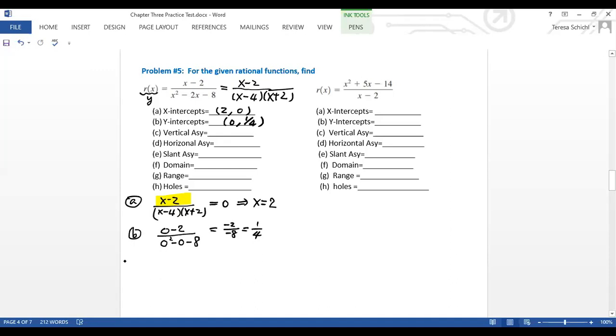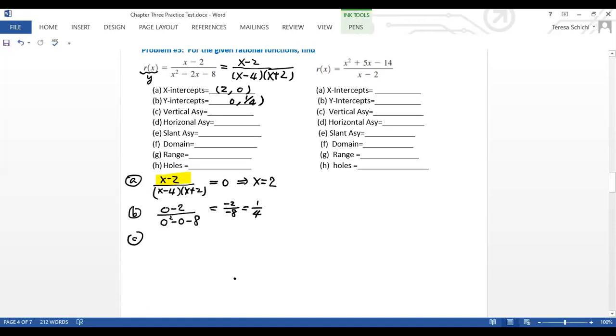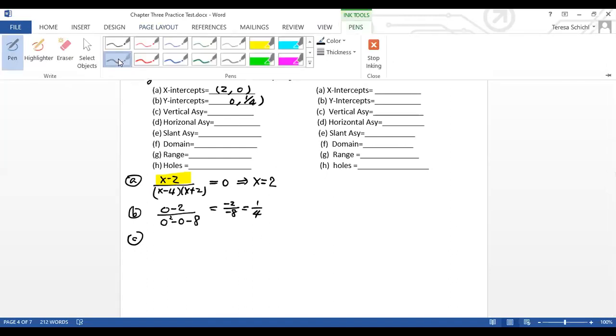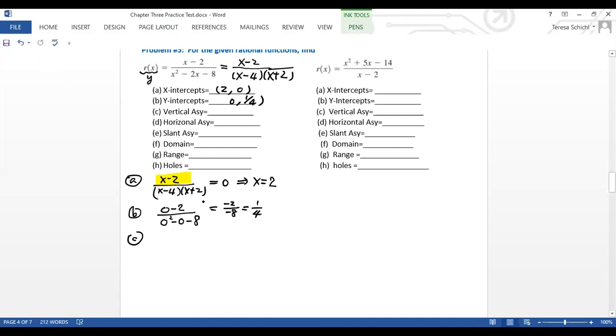Now part C. This problem is a pretty good summary of all the key things we need to know about rational functions. So what is the vertical asymptote?